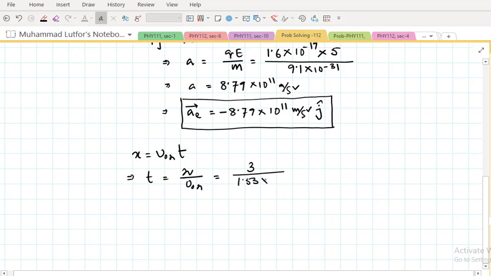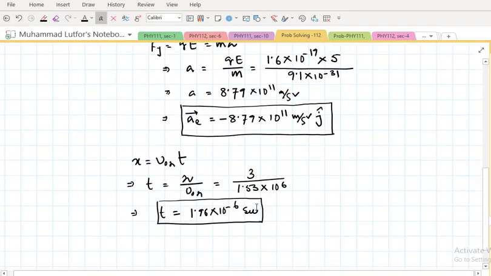Then I can find the time of flight of the electron, or the time it takes to reach the screen. It will be 1.96 into 10 to the power minus 6 second. It's closely 2 microsecond that the electron will take to hit the screen.